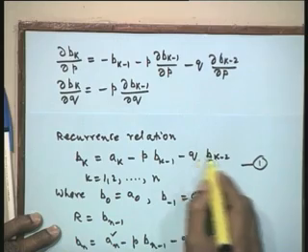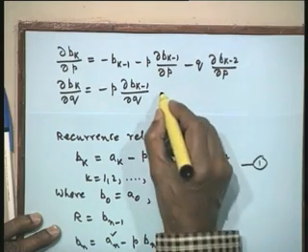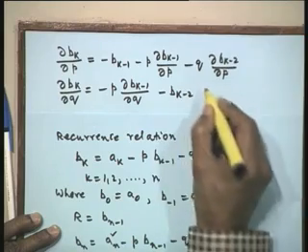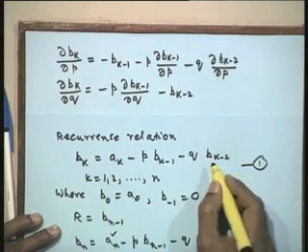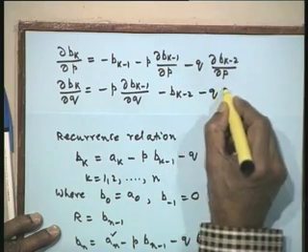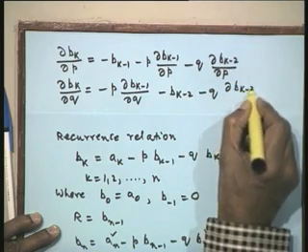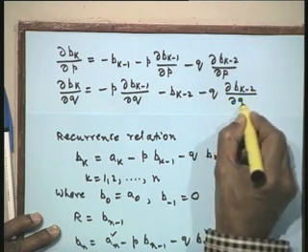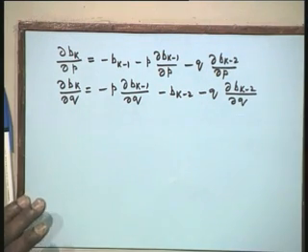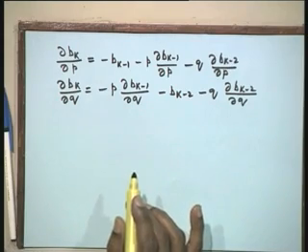This is a product of two terms, so I will have two terms coming from here: minus b k minus 2, and the contribution is minus q partial derivative of b k minus 2 with respect to q. These are the two partial derivatives.